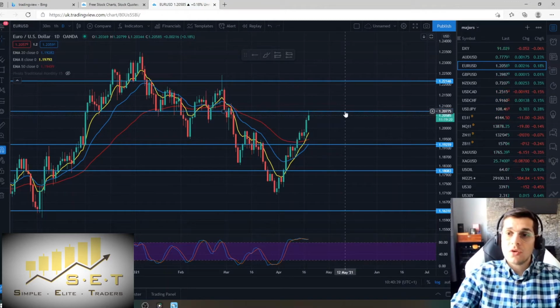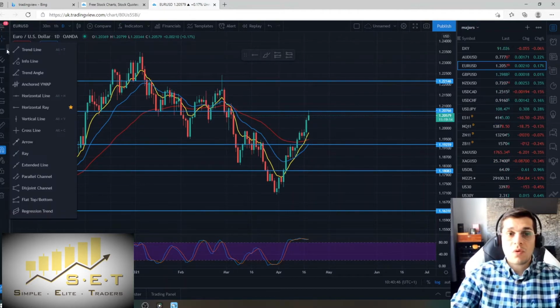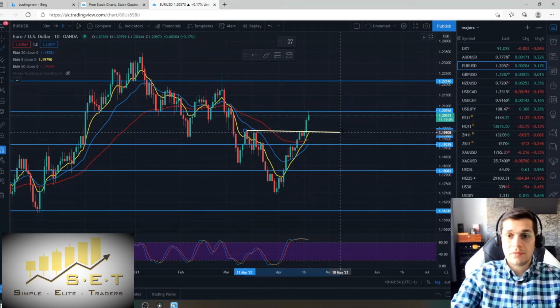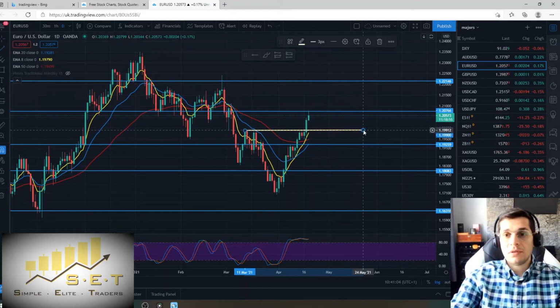So at the moment Euro Dollar is rejecting this level, 1.20, meaning we want to see a couple of days of pullback, at least to this support here around 1.1985, to have a phase 2 and then position ourselves to go long on Euro Dollar.